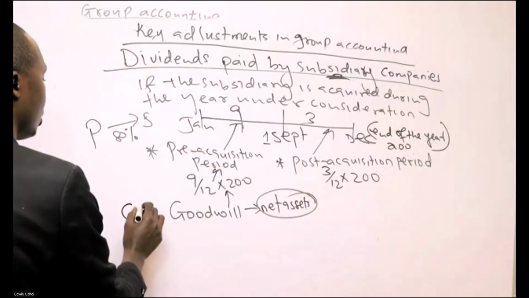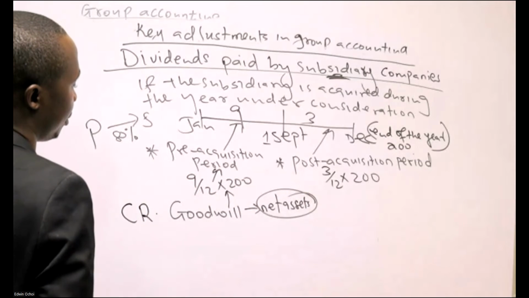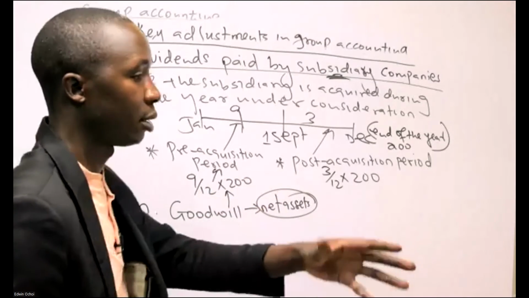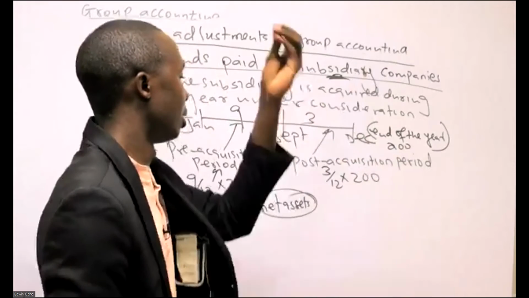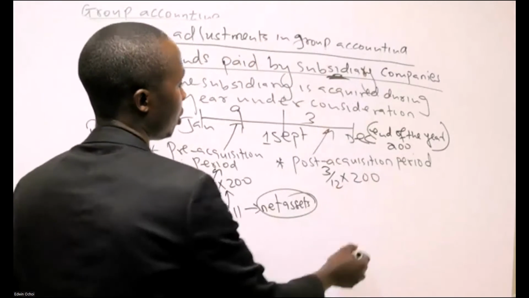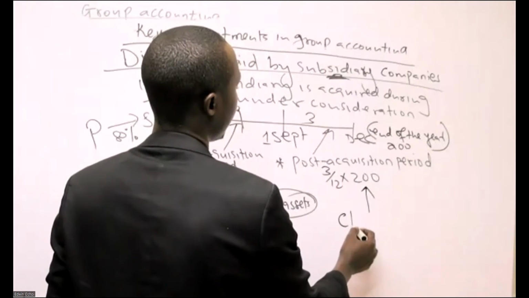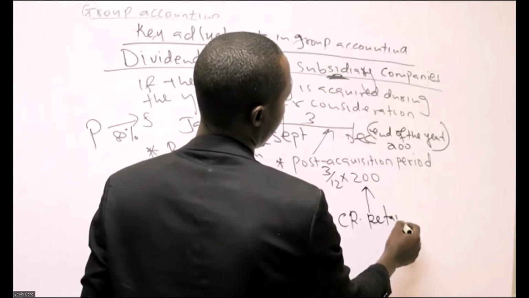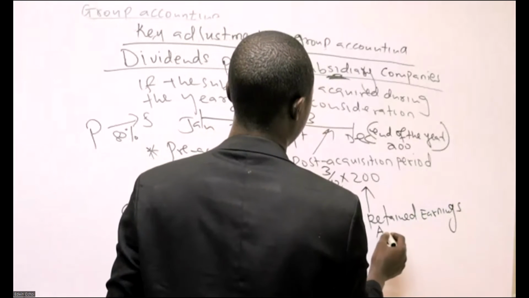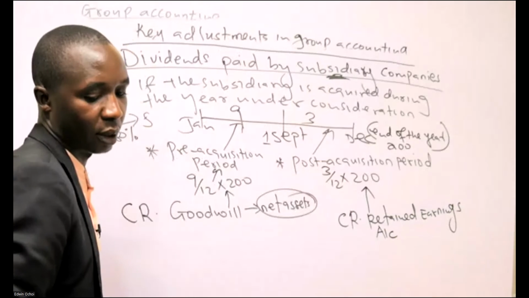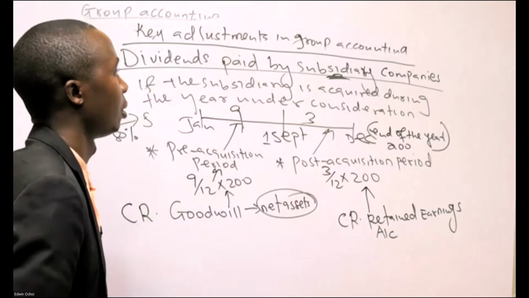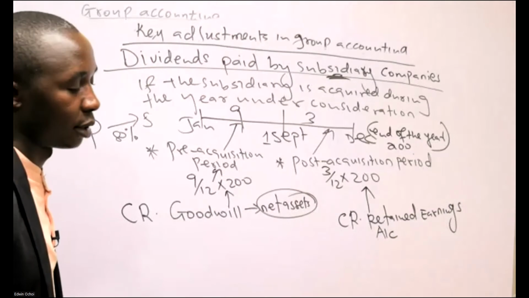So this one is credited in goodwill, as the figure you have as part of net assets, beside ordinary share capital, share premium, retained earnings, revaluation reserve. What about the post-acquisition period? That one is credited in the retained earnings account. That is what you need to know for dividends paid by subsidiary companies.